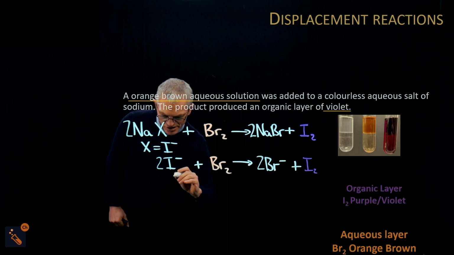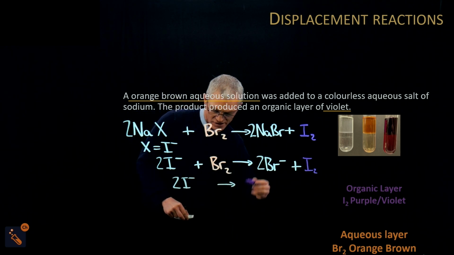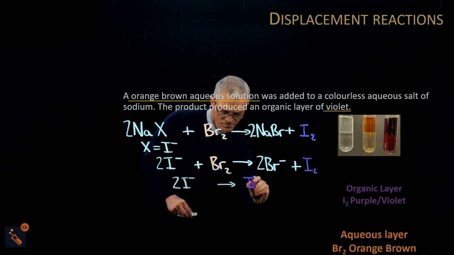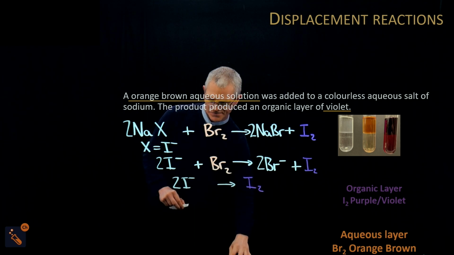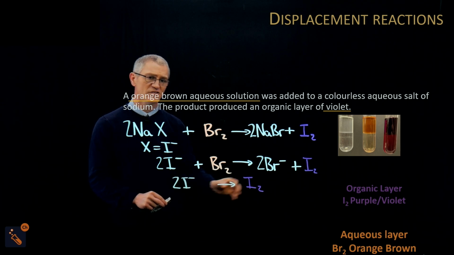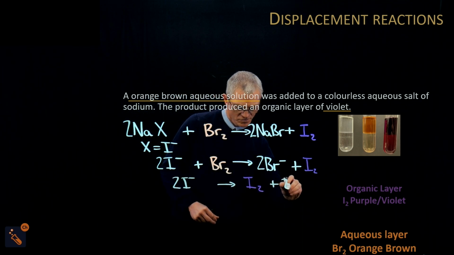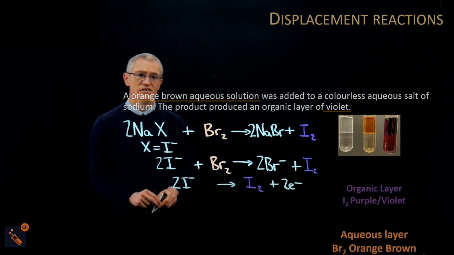So my 2I minus is going to go to, again, I2. And if you look here, there's 2 negatives on this side. It's totally neutral here, which means 2 of those negatives must have been removed and kicked out. So therefore, plus 2e minus.